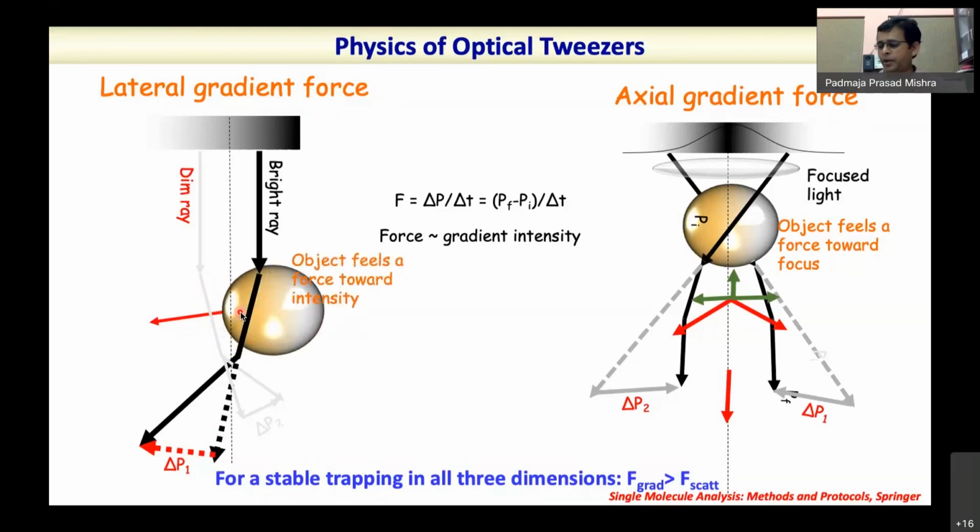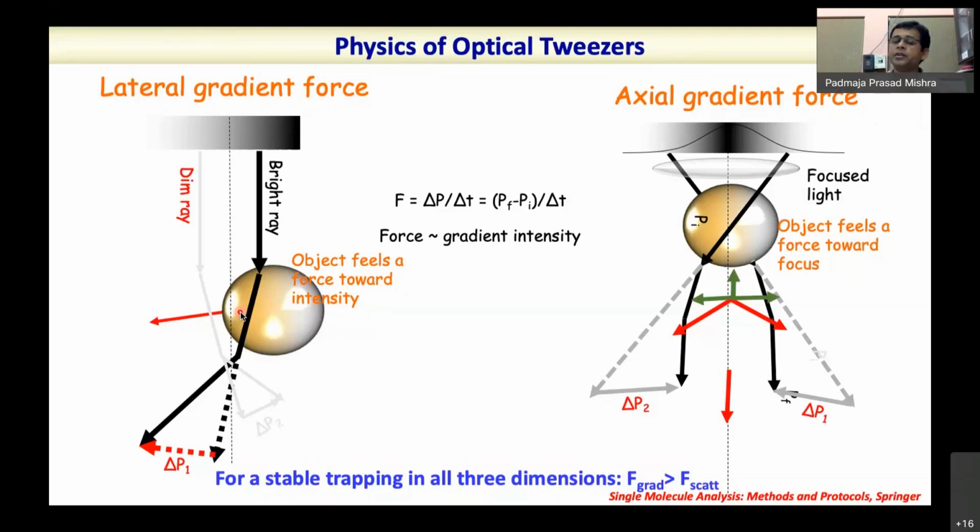So if I summarize the entire procedure that I have explained so far, if it is reflection, the bead will move towards the center where the intensity is more. If it is refraction, the same thing will happen. If the object is at the gradient force and the beam is focused, the object will move towards the focus.